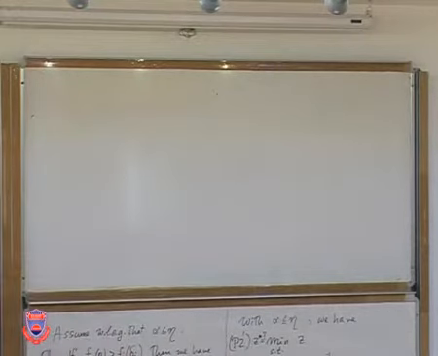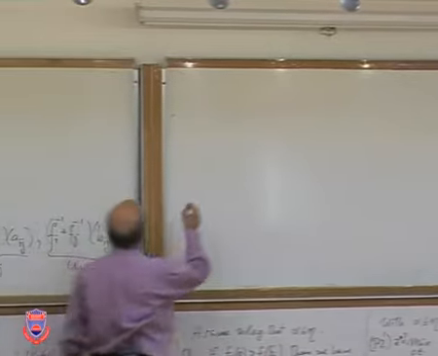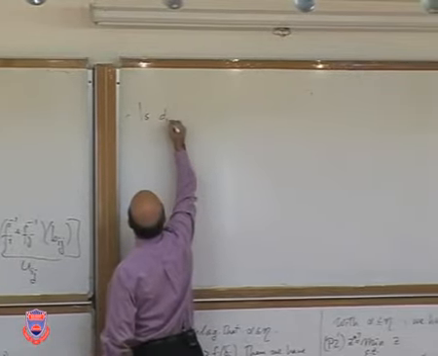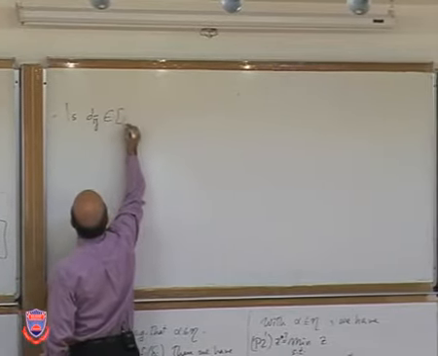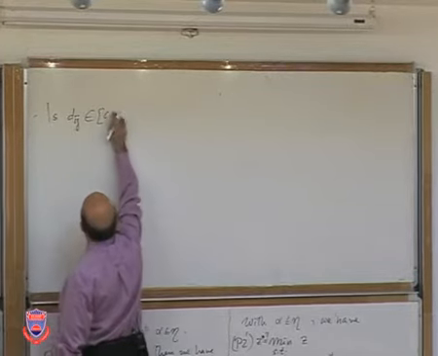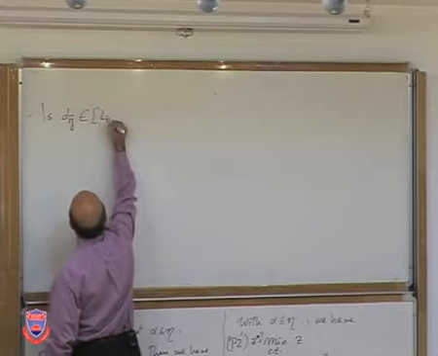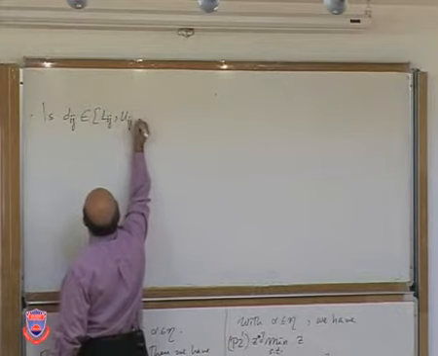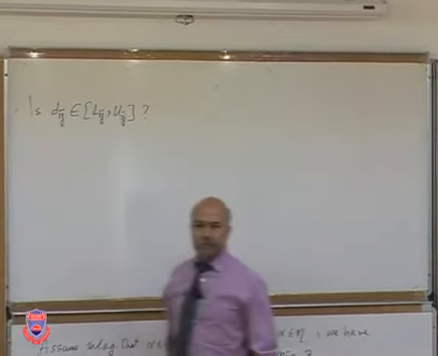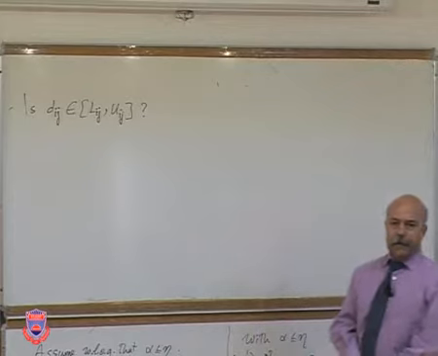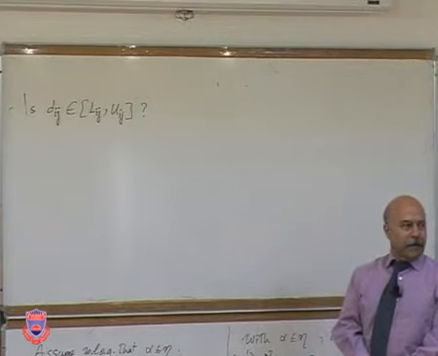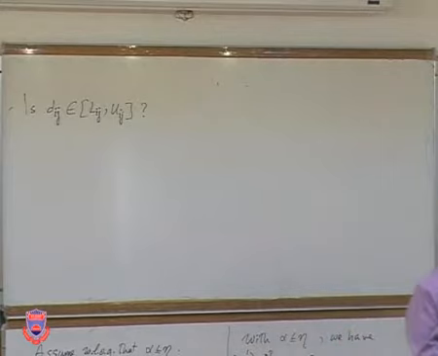So here's the question. Is Dij in the interval Lij, Uij? Now you guys are smart, so you should be able to tell me immediately if it's greater or equal Lij, and then later you should be able to tell me if it's less or equal Uij.